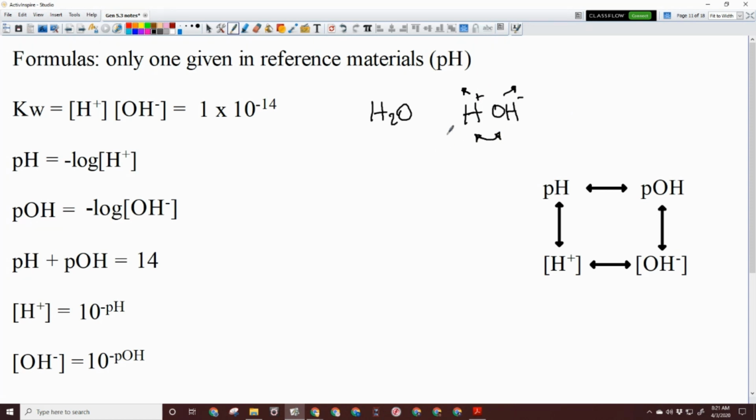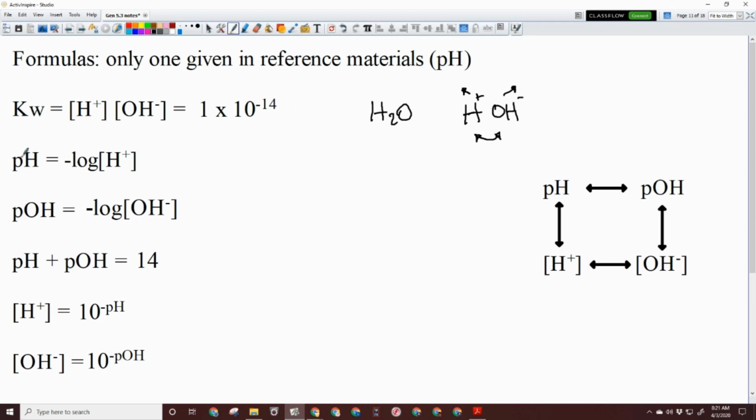So it goes back and forth between this and this. Okay, and at any one time, the amount of hydrogen ion multiplied by the amount of hydroxide ion that's in a solution will always give you 1 times 10 to the negative 14th.